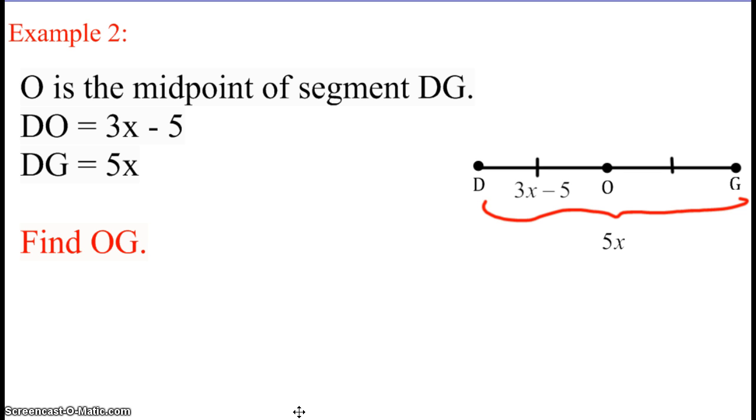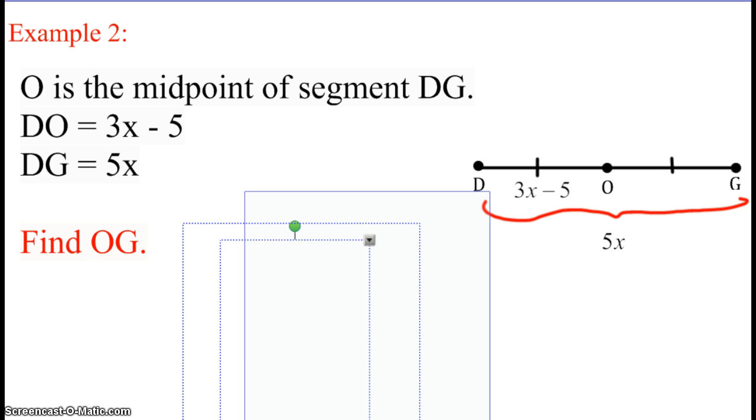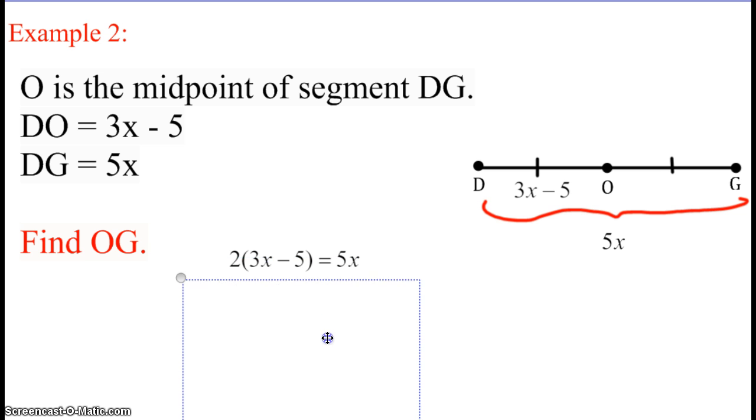So if I mathematically need to make an equation, I hope you realize that you cannot set DO equal to DG because DO is only half of DG. So I could use a half and say that 3x minus 5 equals half of 5x. But doing a half kind of makes math a little harder. So what I'm going to do is just take 2 times 3x minus 5 and set it equal to 5x.